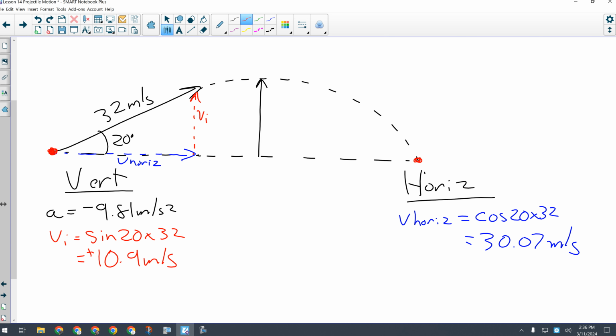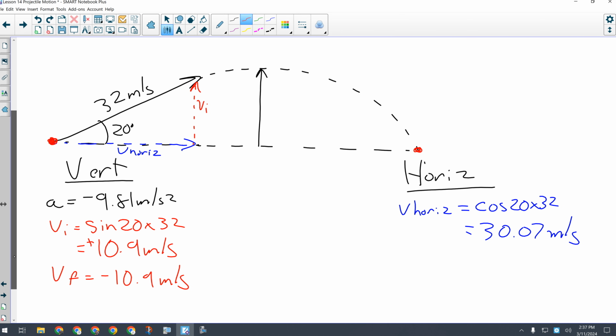I demoed this last week by throwing a marker up in the air, and I said when it comes back down to my hand, it's moving exactly the same speed I threw it at, because the distance, the acceleration, all of that stuff is the same up and down. So it has to come back at the same velocity it was thrown at, because everything else is the same. So that means I also get VF unless I'm told there's a difference in height. Spoiler alert, we're not doing anywhere there's a difference in height. So negative 10.9 meters per second.